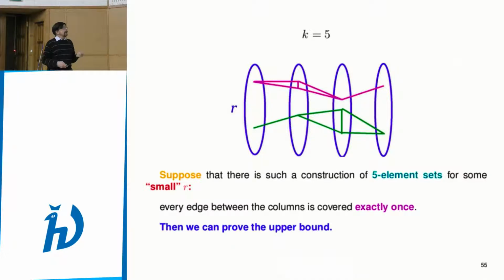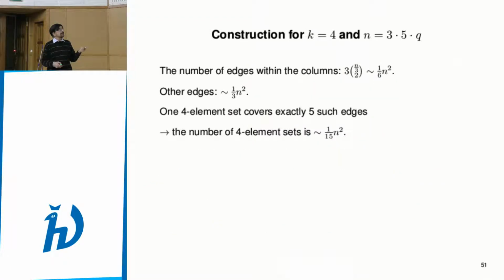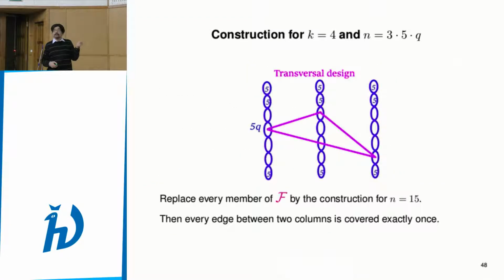And again, if for some r we are able to do it, like for case when k was 4, then we were able to do it when r is 5. So if you find such a construction for any r, then you can use the previous construction, so like this one.